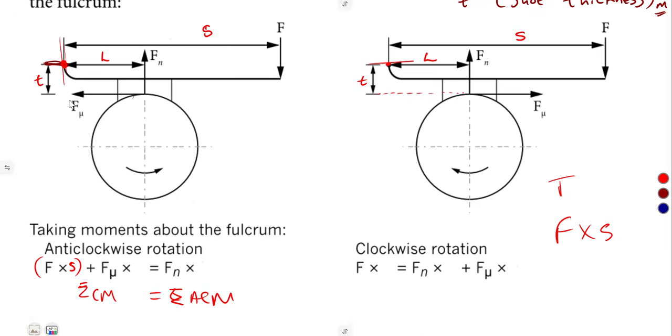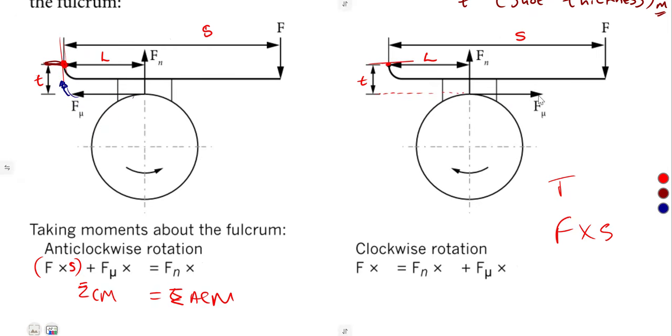So the frictional force is tending to go up, going up to the pivot point. So whatever you're going to have will be clockwise now.